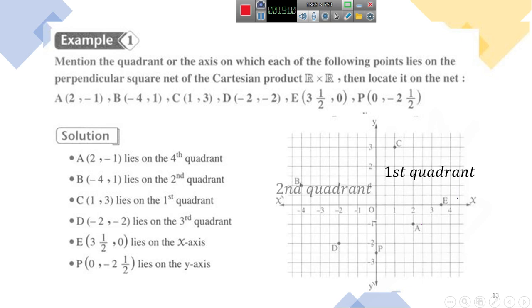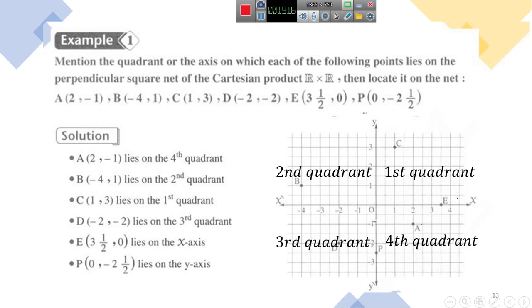Then this is the second quadrant, this one the third quadrant, and this the fourth quadrant. Point A, as you see, is in the fourth quadrant, point B is in the second quadrant, point C in the first quadrant, and point D in the third quadrant. What about the other 2 points, E and P?